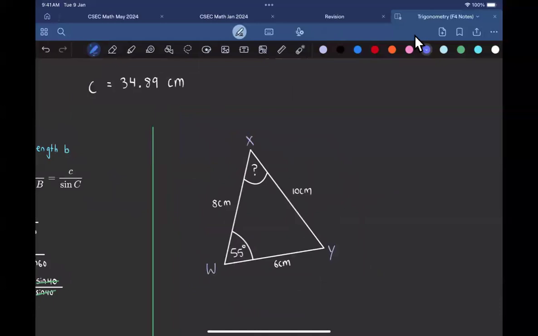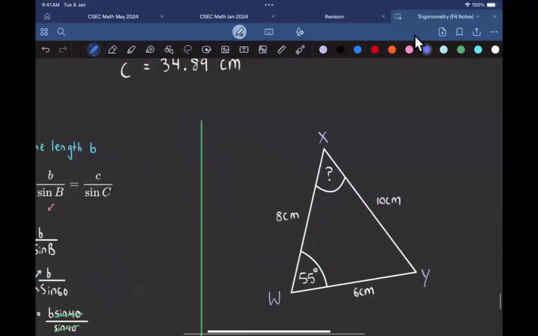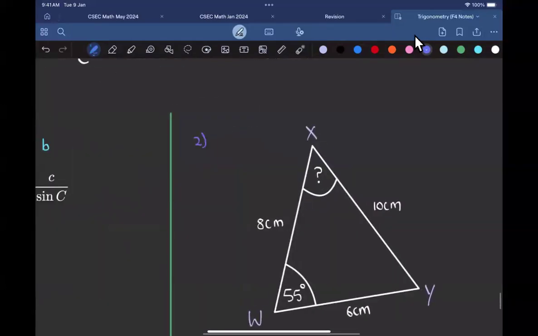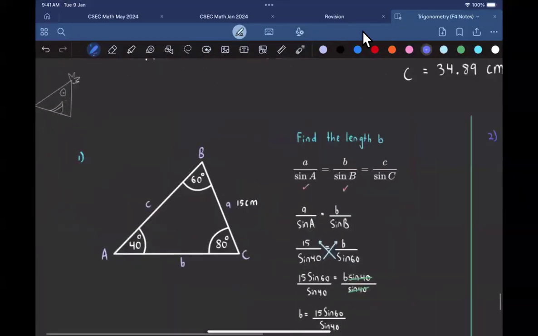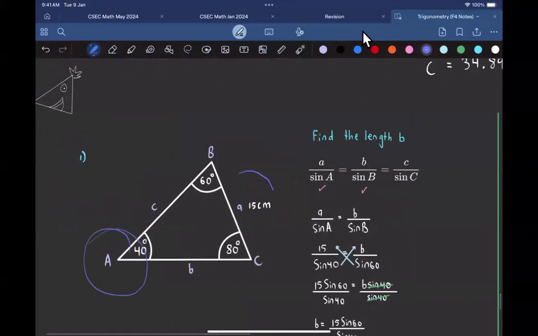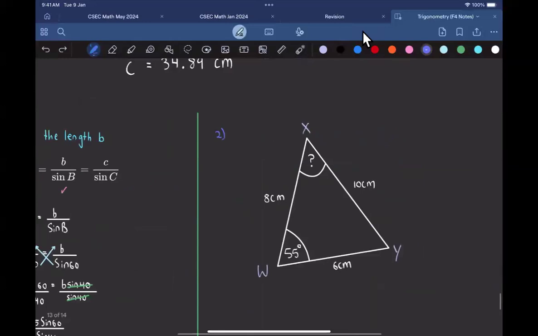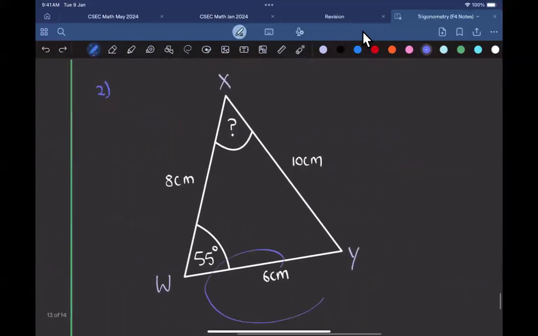So what would I call this side? Small x. What about this side? Small y. And what about this side? Small w. Awesome.